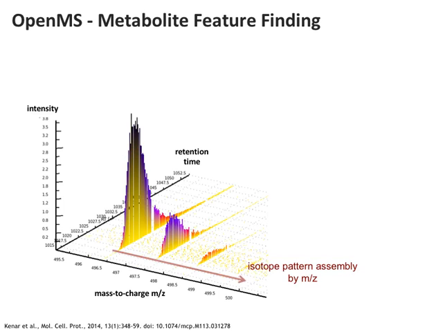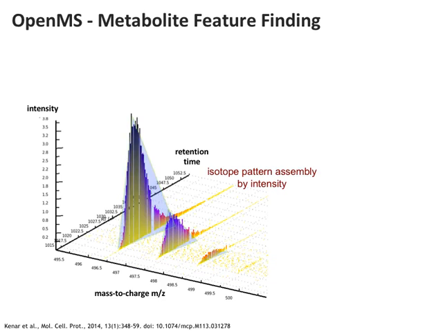It then looks for isotope patterns between these mass traces and tries to assemble them into features. But there are a few fundamental differences, and the differences lie in the way the mass traces are detected. We do that in a more sophisticated manner than for the proteomics feature finder, and in the assembly, because in the assembly we can no longer assume the model that we have for proteins, the average gene model.